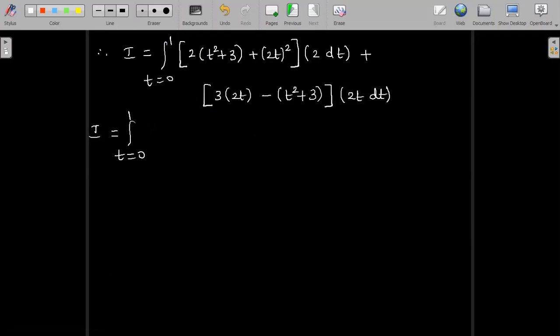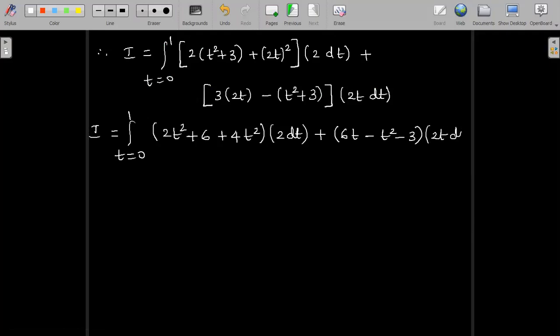Let us multiply. This we get 2t square plus 6 plus 4t square, multiplied by 2 dt, plus the second bracket, we have 6t minus t square minus 3, multiplied by 2t dt.